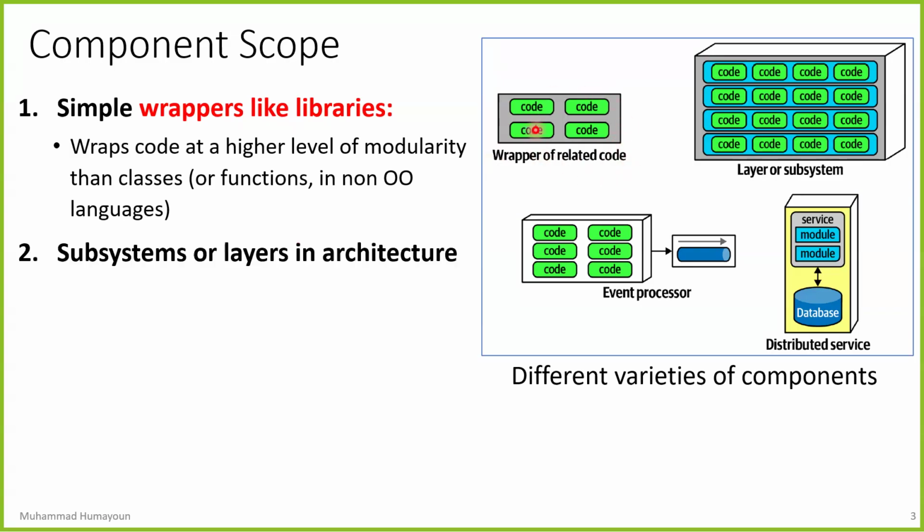Or it could be subsystems or layers in architecture. So here is an example of this one. You have one layer, second layer, third layer, fourth layer, and all these layers are of course made up of different pieces of code, classes, packages, and so on.